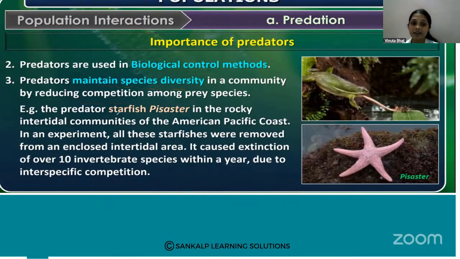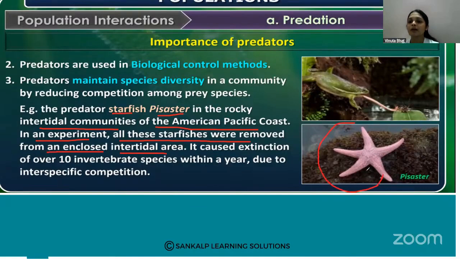The predator starfish Pisaster, a type of starfish in the rocky intertidal communities of the American Pacific coast. In an experiment, all these starfishes were removed from the enclosed intertidal area.